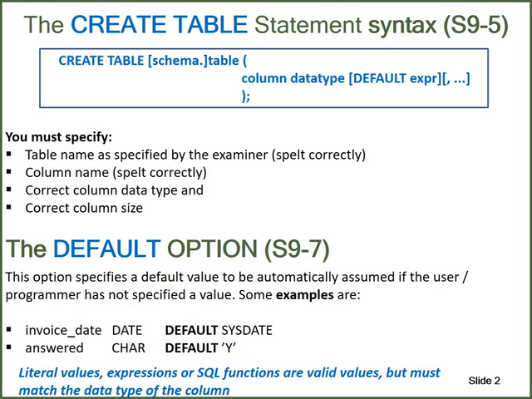Another example is answered, data type char, and the default value is Y for yes. So once again, if I do an insert statement, instead of saying Y, I can just say default, and it will come to the data table definition and the column, and it will assume this value of yes. Literal values, expressions, or SQL functions are all valid values, but must match the data type of the column.